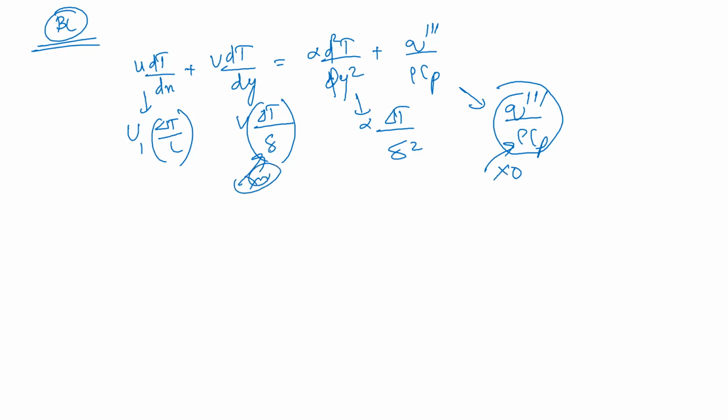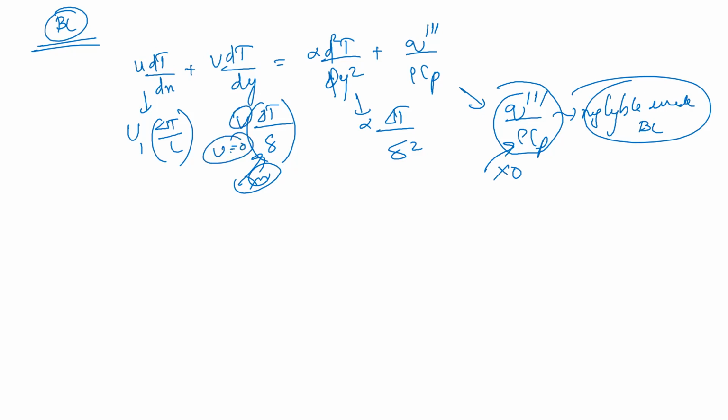Why? Although a uniform heat generation rate exists, that heat generation rate is negligible inside the boundary layer. It will be more prominent in the core region, but in the boundary layer that effect is negligible. And also this term, V delta T by delta, is not much effective because V tends to 0.